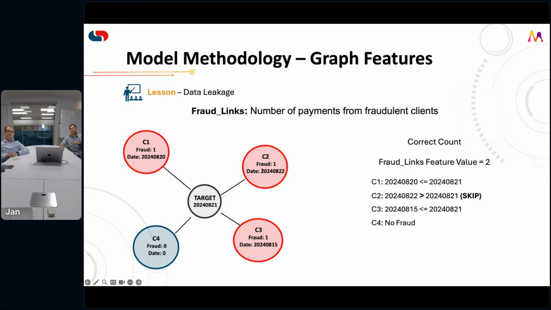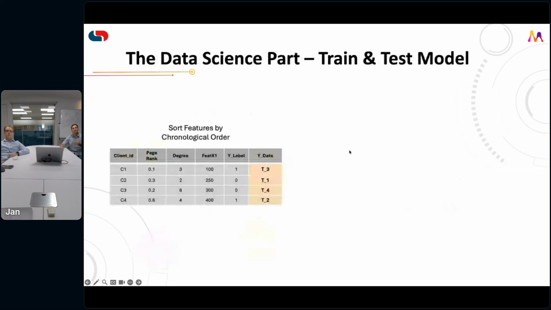If you included this in your feature, you would experience data leakage. Therefore, you would skip this and just go to the next. Node 3 is fraudulent, and then node 4 is not fraud, which then comes to 2. This is a very common mistake in graphs, and you will sometimes run into it, but luckily by this example, you'll start understanding what could happen.